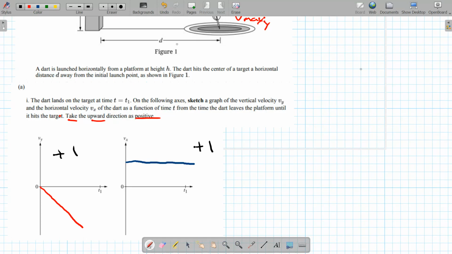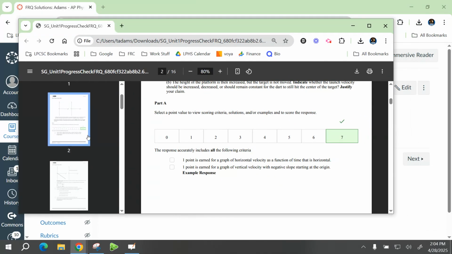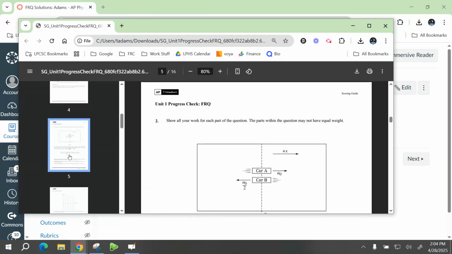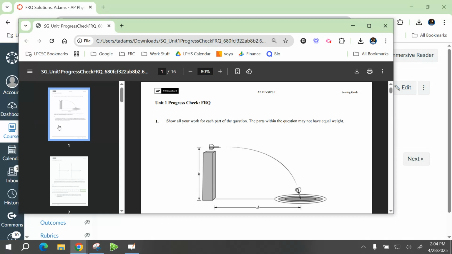So when you're done with the assignment, you click submit, and it'll show you the scoring sheet, which will show you the right answers. I'm actually looking at the scoring sheet so I can show you. Let me pull it up. This is the scoring sheet for that question, and it literally shows you how to get the solution. But more importantly, it tells you how many points it's worth.